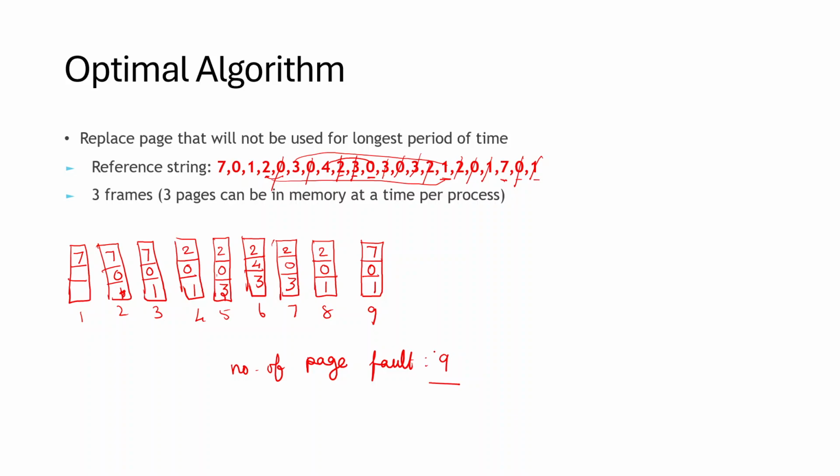For the same reference string and the same number of frames, the optimal page replacement algorithm has 9 page faults. But in FIFO, for the same, the page faults are 15. So compared to FIFO, the optimal algorithm produces the best result, because the number of page faults is less. So the optimal page replacement algorithm is better than FIFO. Thank you.